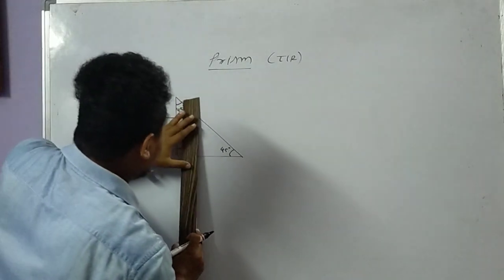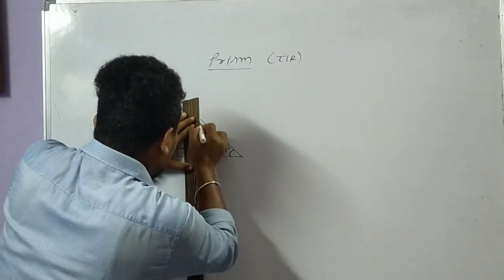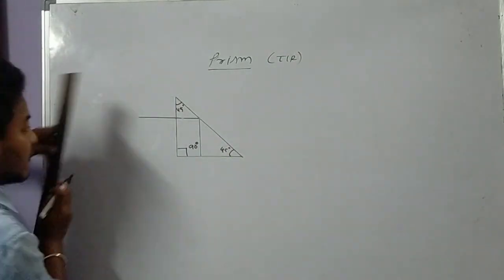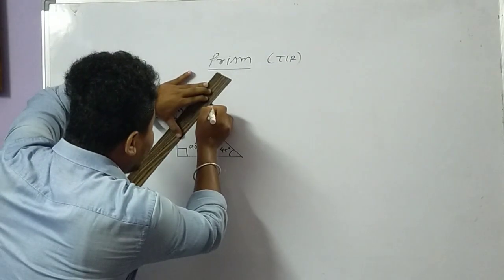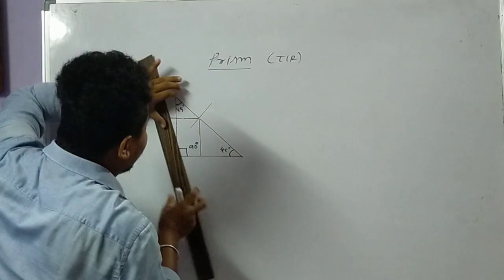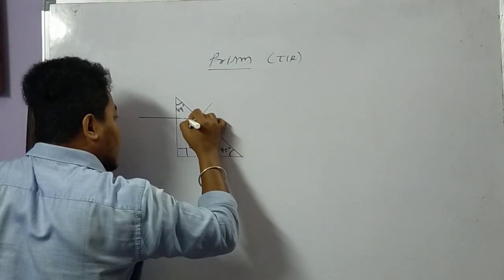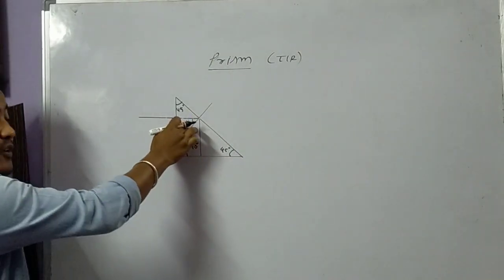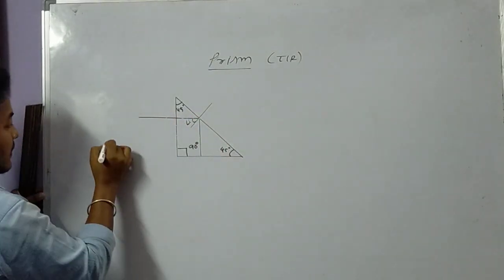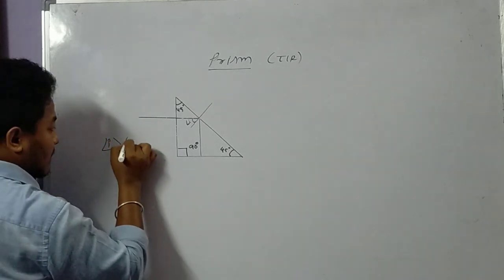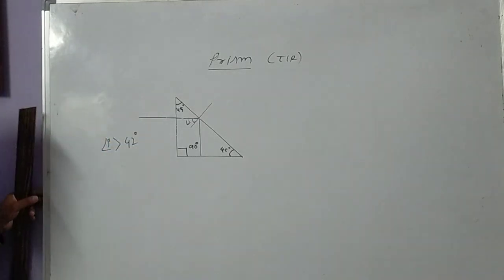It will go this way, since there will be total internal reflection. If I make a normal here, this will be the angle of incidence, and this angle of incidence will be greater than what? The critical angle, 42 degrees.